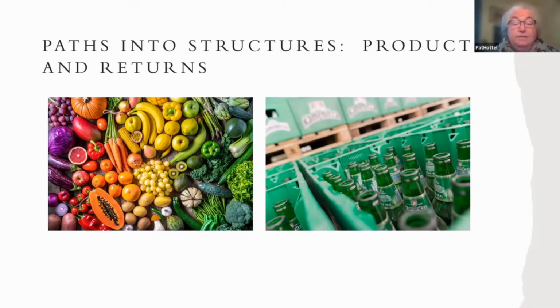So we can, in the case of restaurants, for example, or grocery stores, supermarkets, where we're getting produce in for the smaller flies, we can get introductions in that way. We can get introductions with returned product, and for example, some states have recycling where consumers are paid 5 cents or whatever it may be to return a container.